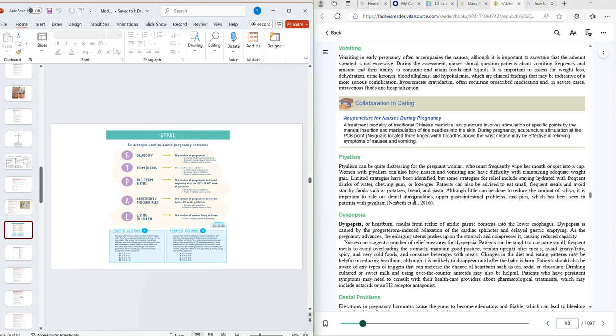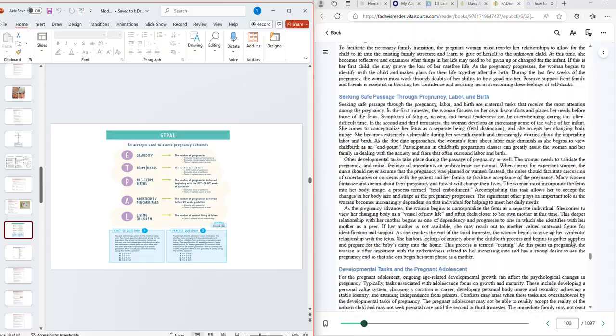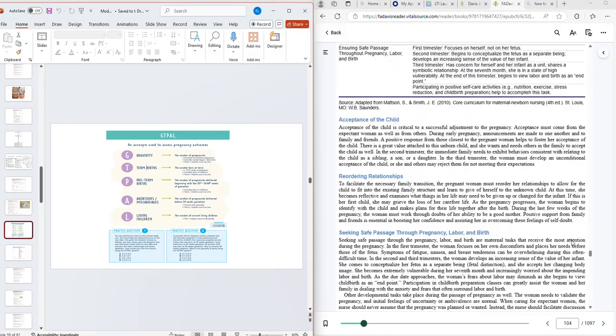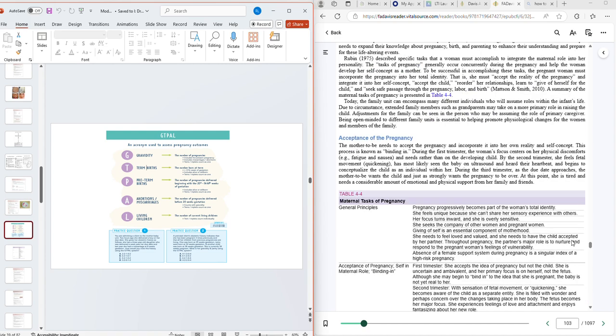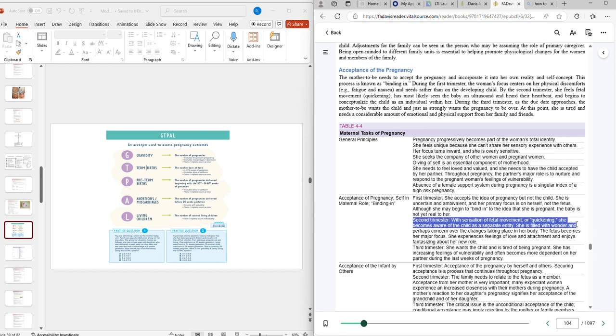Alright, so let's look at page 104, Table 4.4, maternal tasks of pregnancy. So, binding in. I want you to know, we can lollipop this: acceptance of pregnancy, self and maternal role, binding in.